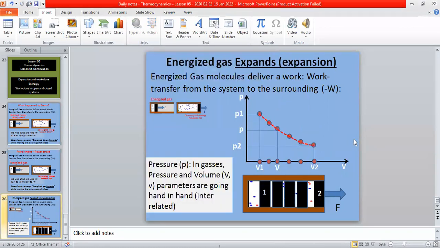Okay, so now you know that this PV curve is nothing but the expansion of energized gas. PV curve is nothing but the expansion of energized gas.